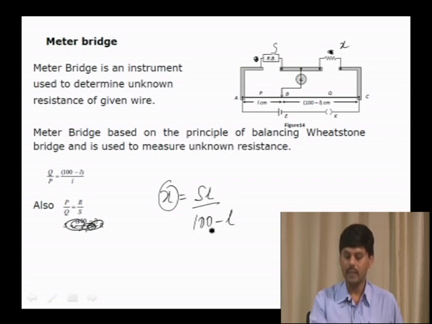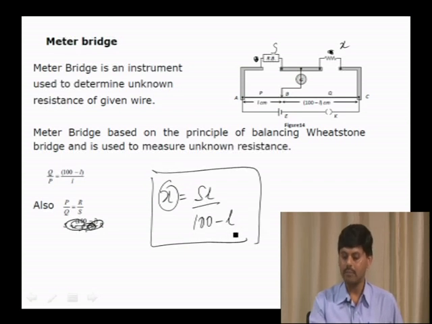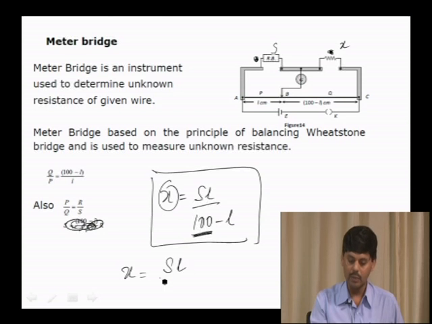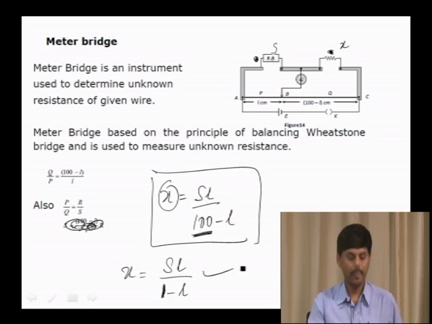By the help of this you can calculate it easily. X is equal to SL divided by 100 minus L, where you are measuring the balancing length in centimeters. If you are measuring the balancing length in meters, then it is 1 minus L.